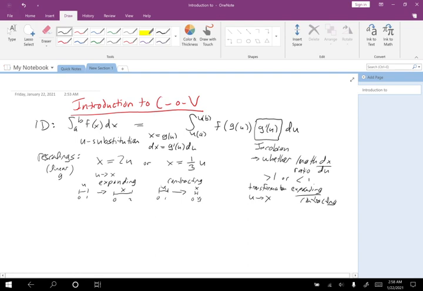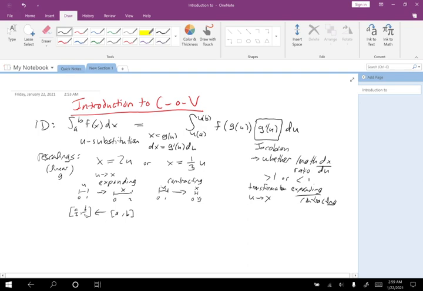Okay, so in terms of our a, b in x, this will now become, in the u space, let me just draw that over here, a, b, this will now come from a over 2, b over 2, right?